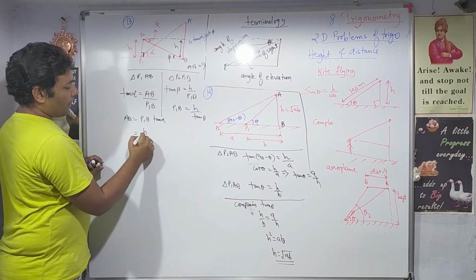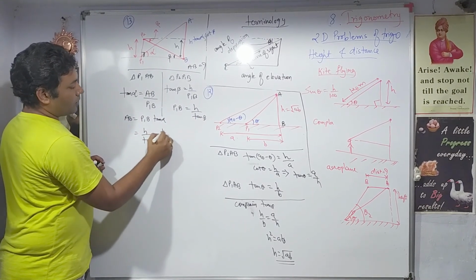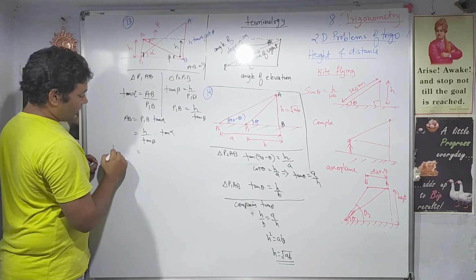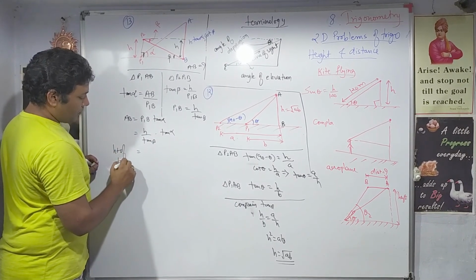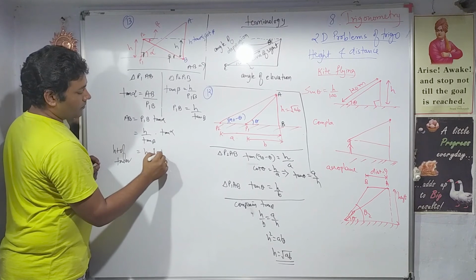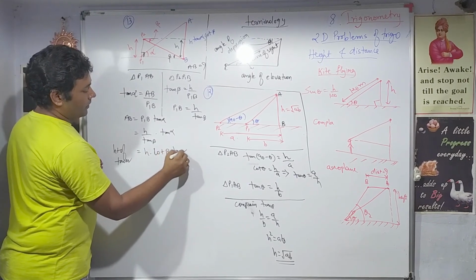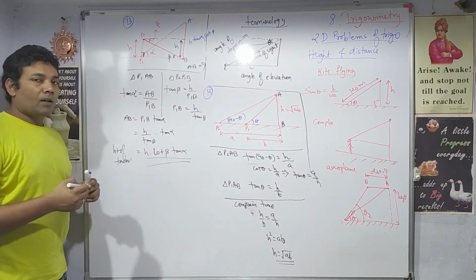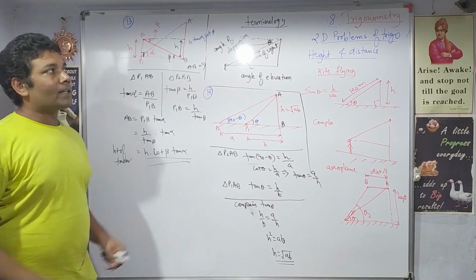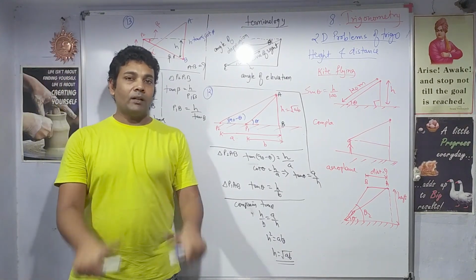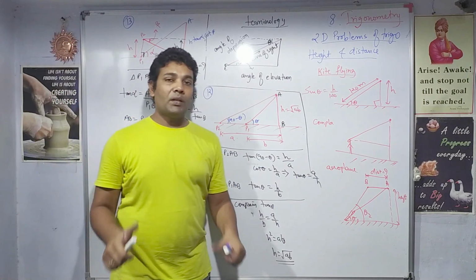Substitute this value here, h upon tan beta times tan alpha. So the height of the tower is h cot beta tan alpha, the easiest sum. So whenever you see prove-that type of sums, don't get afraid, they are always simple. So that's the end of trigonometry. We'll continue with some other topic next time.